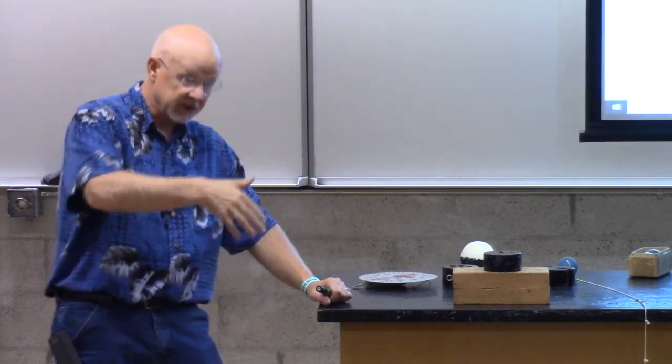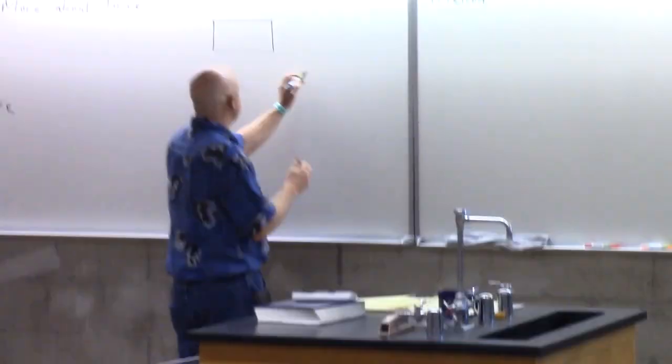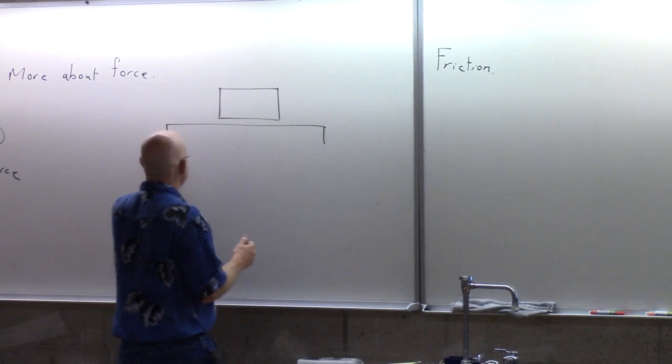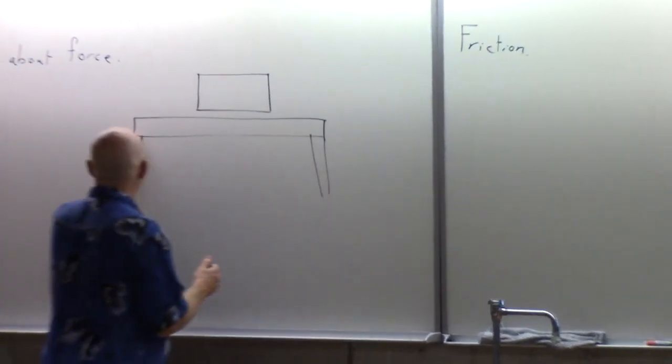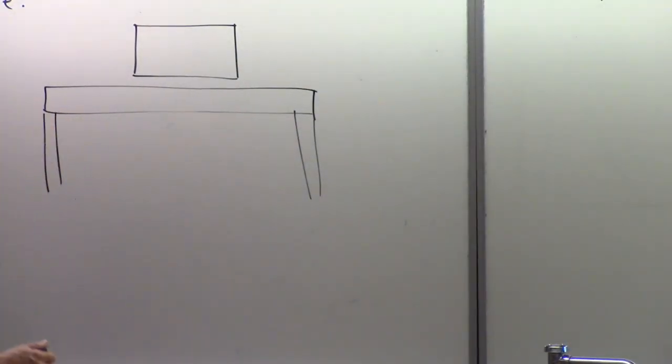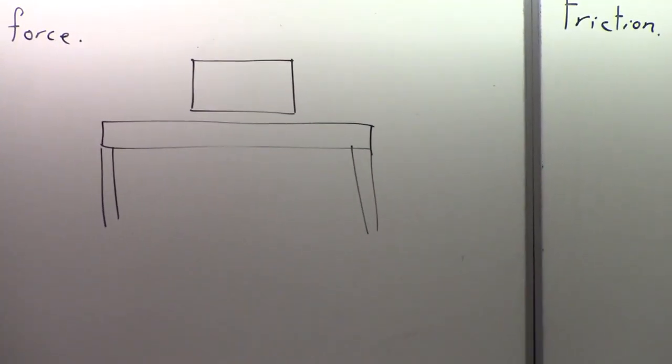All right, so I've got this block, and if I were to ask you then, what are the forces on it? Well, this is our first step towards that free body diagram. And so if I come over here, and maybe in my physical picture, maybe even draw the table and say, all right, the forces would be everything in contact with it plus gravity.